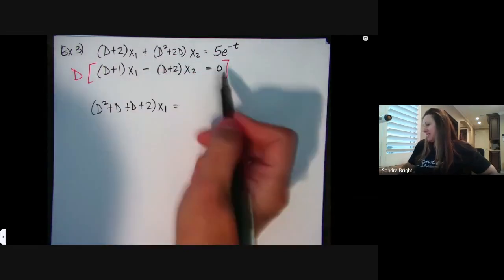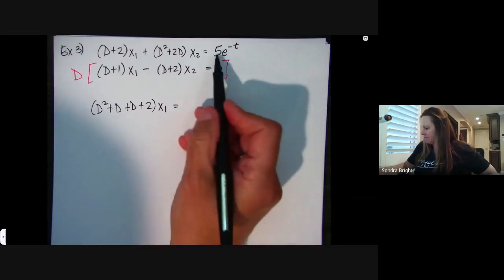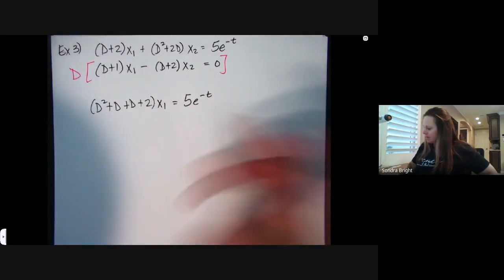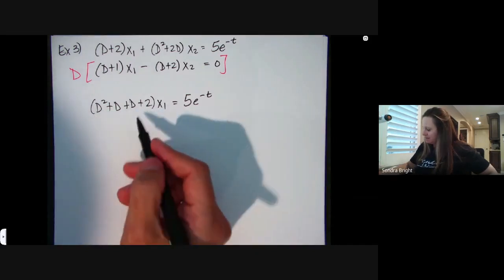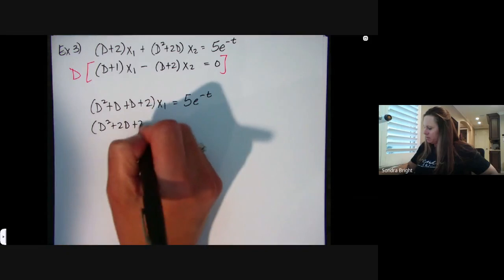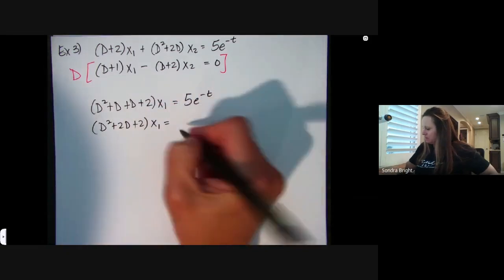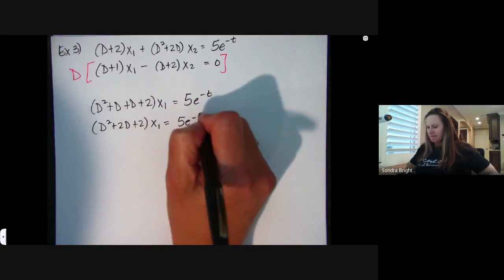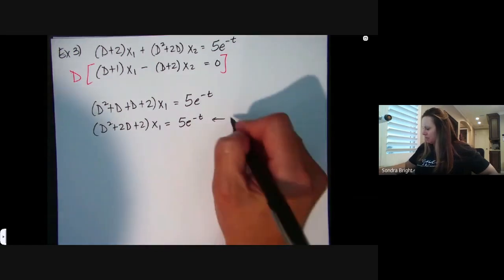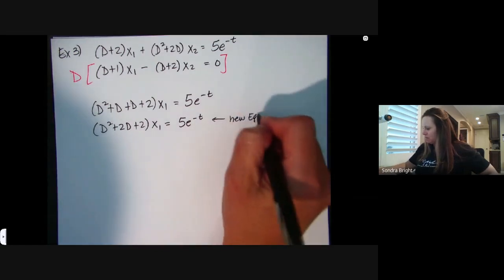Derivative of 0 is still 0, adding it to 5e to the negative t. So that becomes d squared plus 2d plus 2 operating on x1. That's my new equation 1.